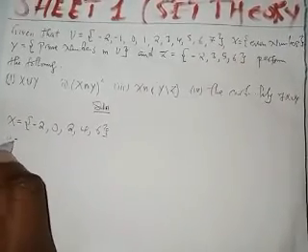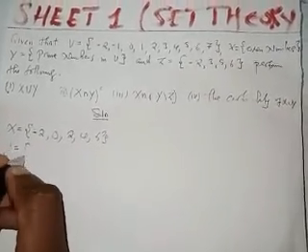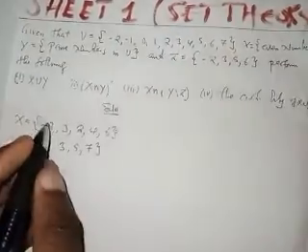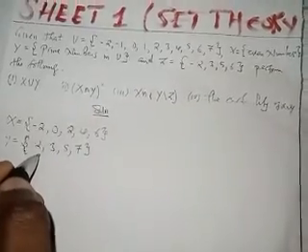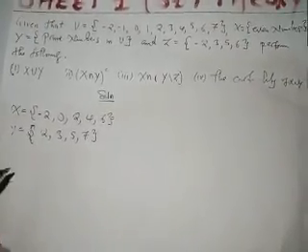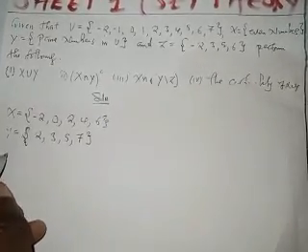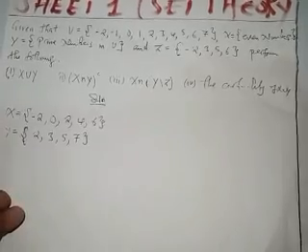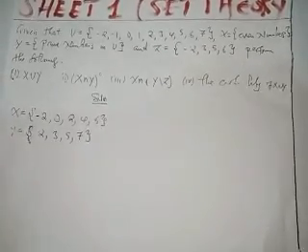Then we have set Y, which is a set of prime numbers. And how do we define prime numbers? Prime numbers are numbers which are greater than 1 and have only two factors, 1 and itself.